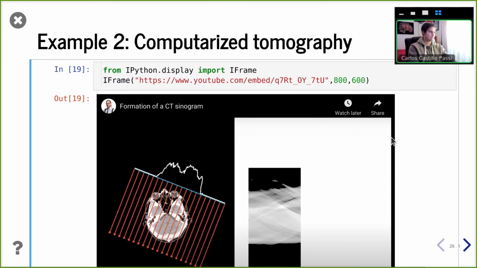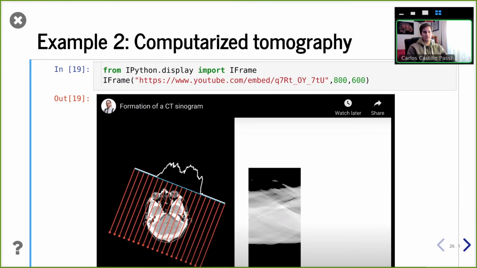I will not explain the physics, but basically the X-ray integrates over a line. Integration is the same as summation. So at the end, you have the summation of all the properties of the tissues over that line. And you have that over all the lines. Like this, you have a shadow of the body.